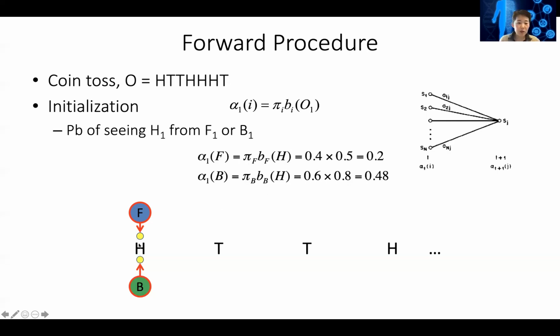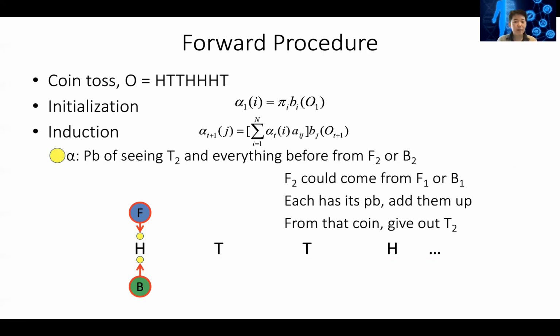And you keep track of these two numbers, and we call them alpha. So alpha 1f is the probability of seeing a head using a fair coin at the first position. Alpha 1b is the probability of using a biased coin to get this head in the first position.